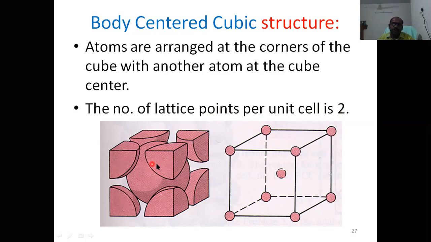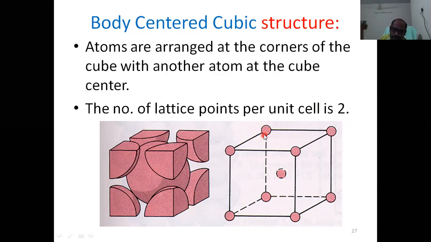So this picture shows in which direction the atoms are touching. Here we are seeing the front face. They are not touching along edges. They are not touching along the face diagonal either. But they touch along the body diagonal.